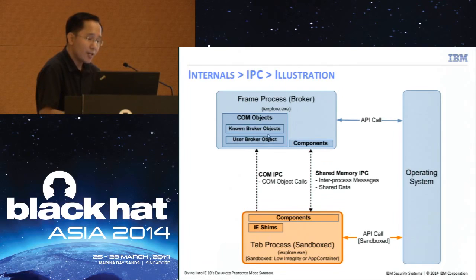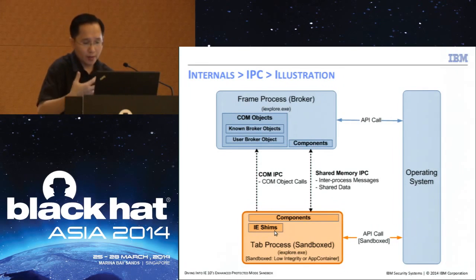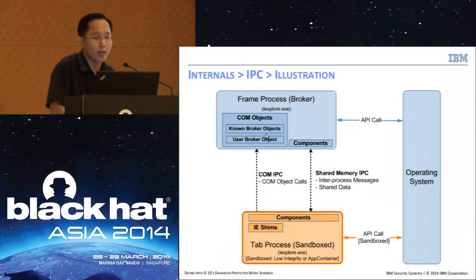The marshaled interface is then transferred to the Sandbox via the shared memory IPC, and then it will be unmarshaled in the Sandbox process. Once it is unmarshaled, IE shims and components in the Sandbox process can then use it to invoke the services exposed by COM objects in the broker.